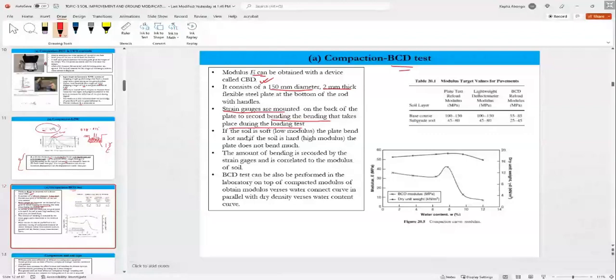If the soil is soft, with low modulus, the plate bends a lot, because the plate takes the shape of the soil. If the soil is very tough, the plate bends only a little. The amount of bending is recorded by the strain gauges and is correlated to the modulus of the soil.